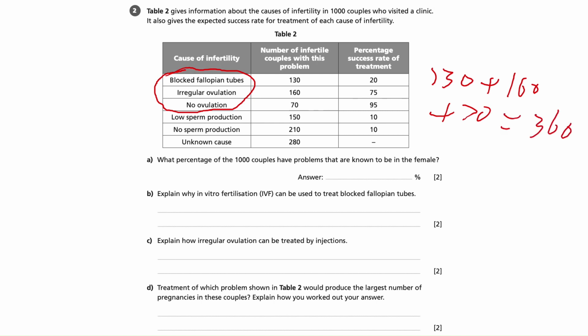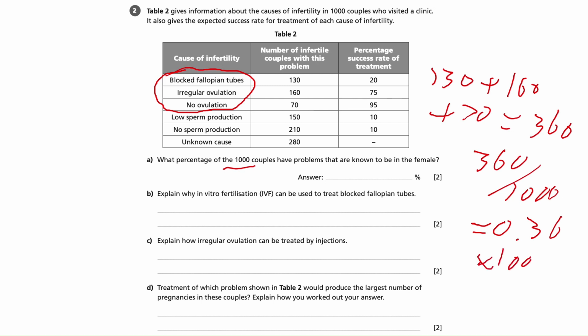Now, because we're asked for a percentage, we divide that by 1,000, because we're told there's 1,000 couples. So it's 360 divided by 1,000, giving us an answer of 0.36. What we then do is times that by 100 to get the percentage.